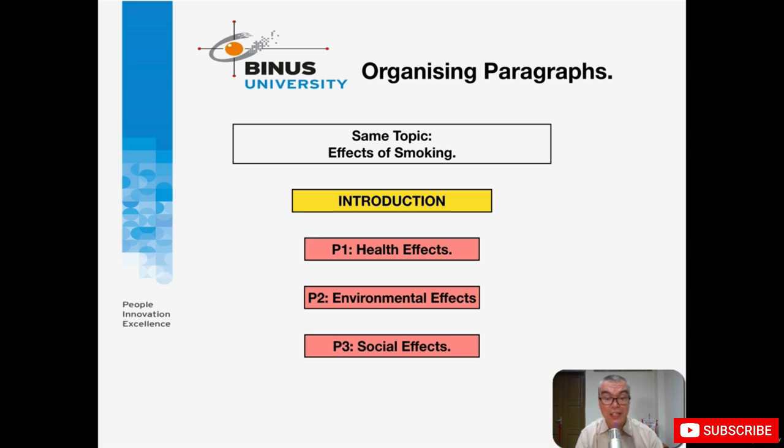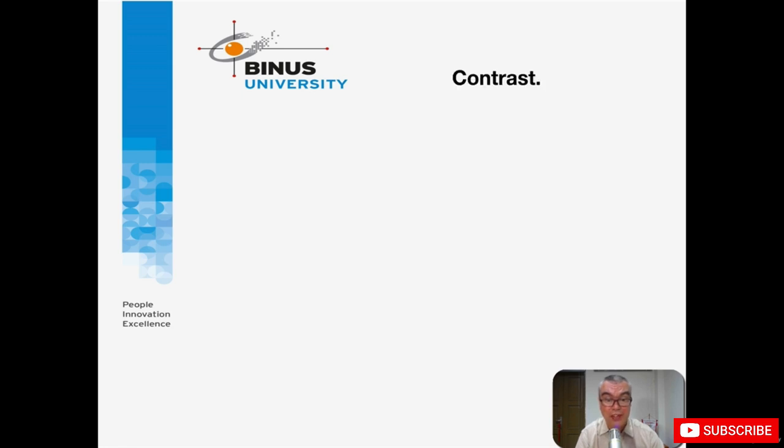So you have 3 different effects and 3 different paragraphs. Again, this is just an example. It really depends on what you are writing about regarding the number of paragraphs that you use. And then you will close with your conclusion. Okay, so that's discussing one topic that's the same.